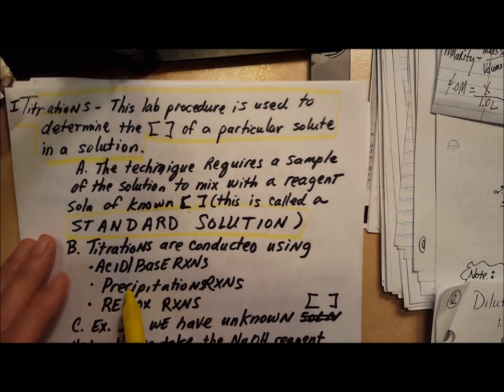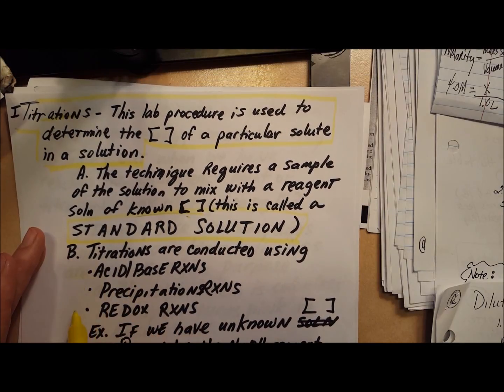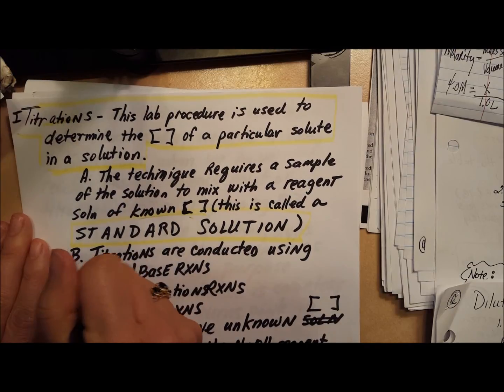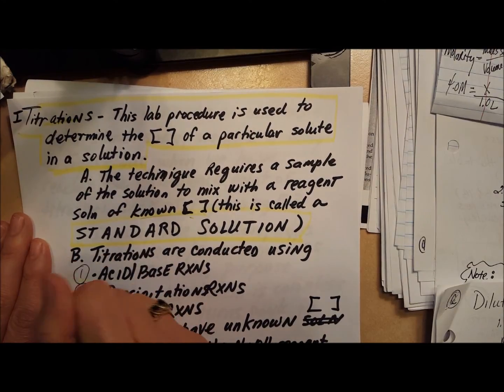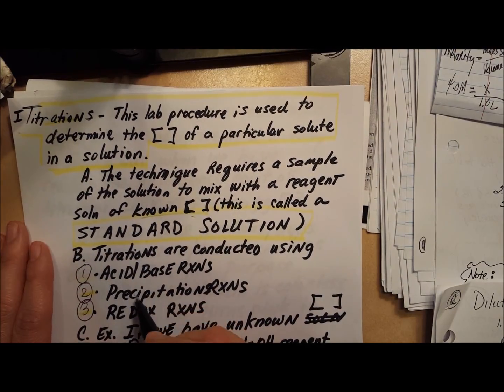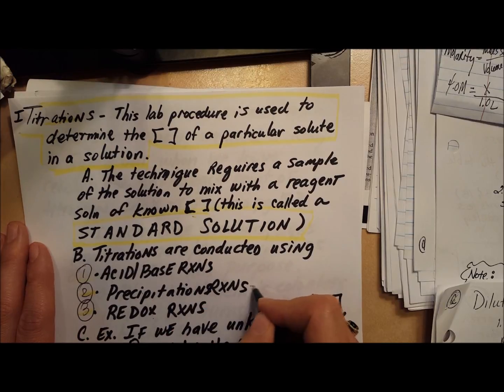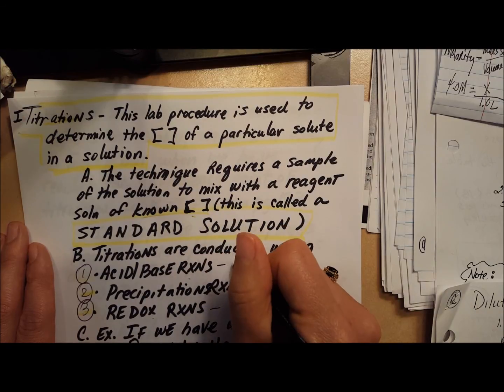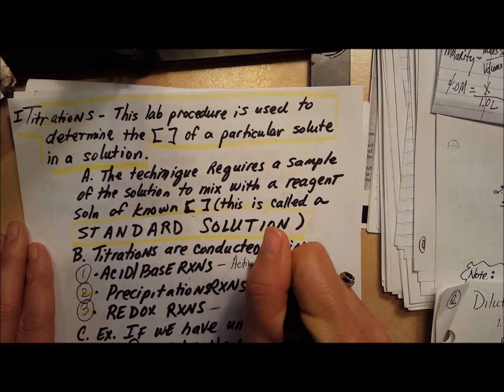Titrations are conducted using acid-base reactions, precipitation reactions, and redox reactions. So you would use titration for all three of these. Let's start with acid-base reactions. They're called redox reactions. You would use the activity series on the test.